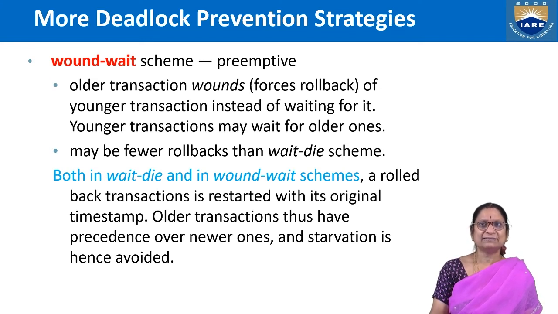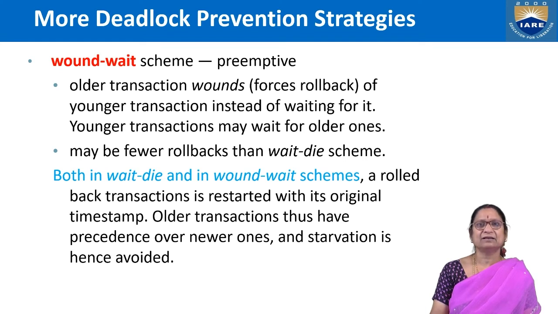There may be fewer rollbacks than in the wait-die scheme. Why? Because even if the younger transactions are rolled back and restart, by that time the older transactions may get completed. So the same transaction may be rolled back multiple times, but the number of times is going to be comparatively less. In both of these two schemes, a rolled-back transaction is restarted with its original timestamp.